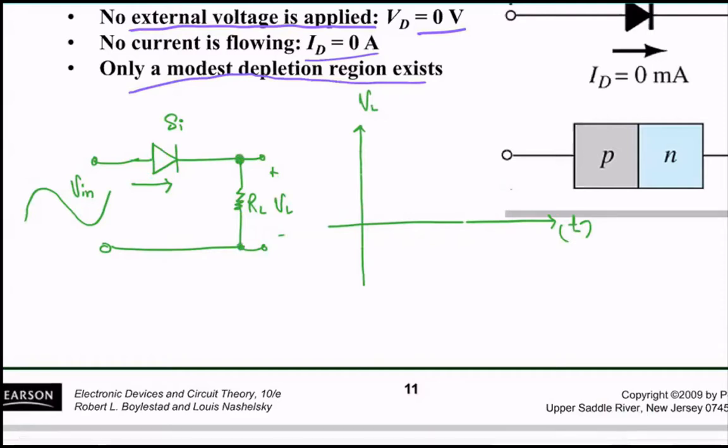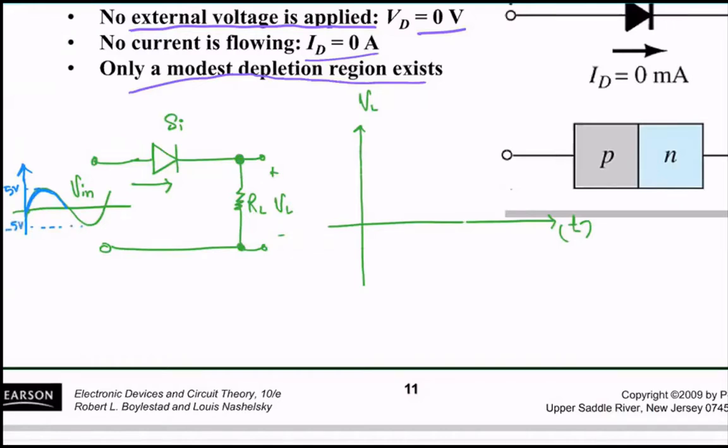Say I start from here. Say the peak voltage is 5 volts, and similarly the negative peak will be negative 5 volts.